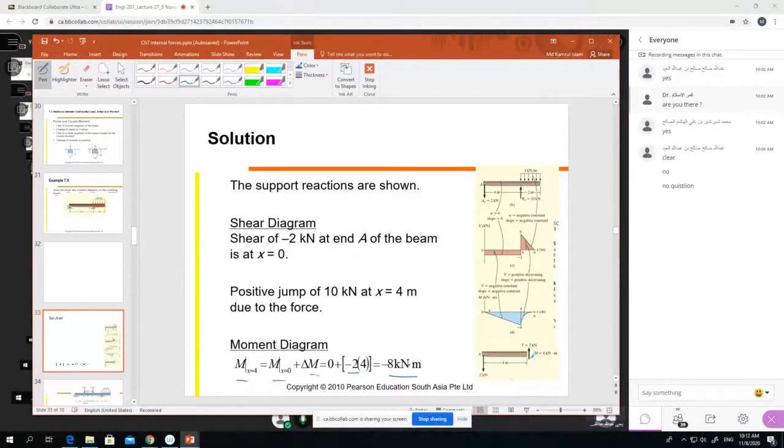In the exam, you just have to draw this and this. As I told you, if it is horizontally straight, with constant, zero slope, then we draw like this. And if it already has a slope, inclined, then we draw like this.